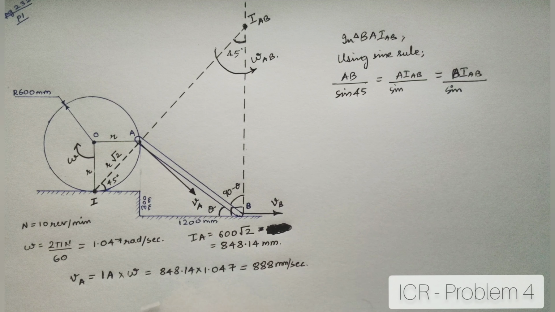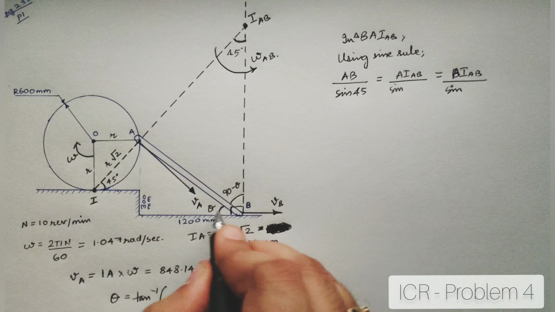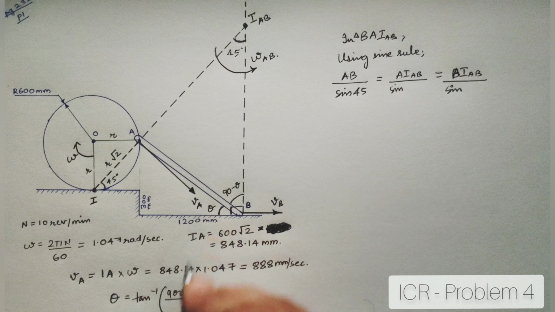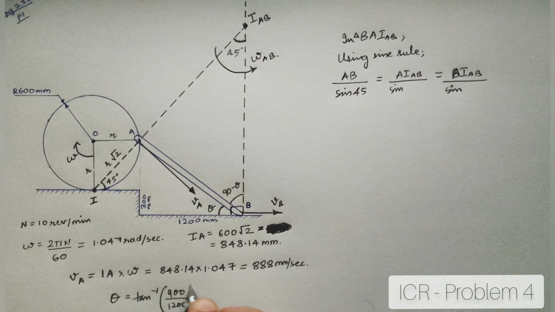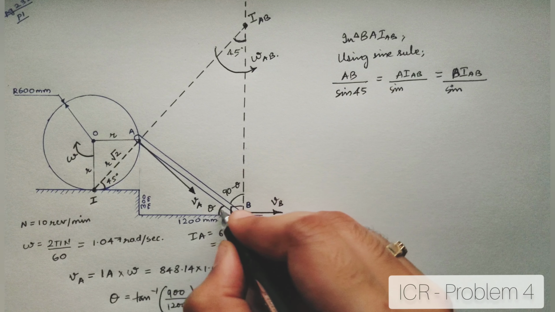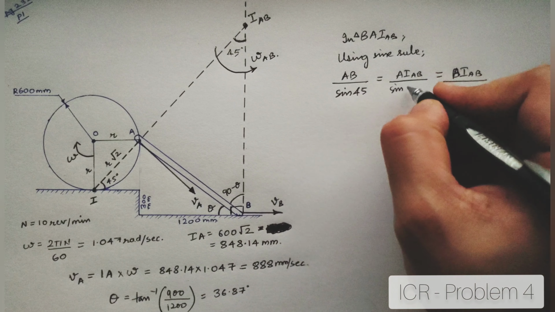Theta can be written as tan inverse of 900 upon 1200, which is a common standard ratio, 3 by 4. So theta is equal to 36.87. Now if theta is 36.87, this has to be 90 minus theta, which is 53.13.